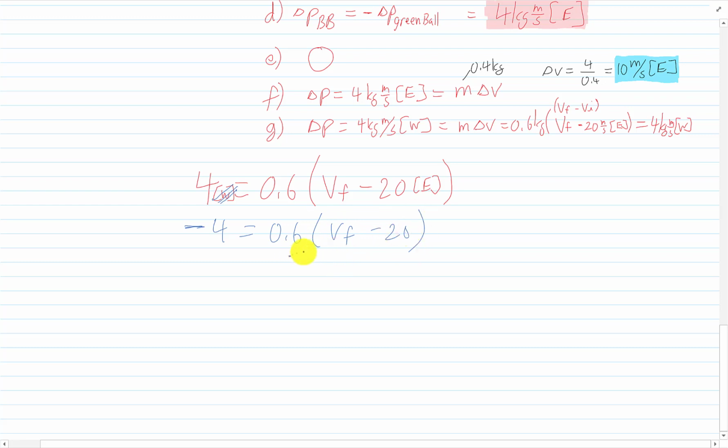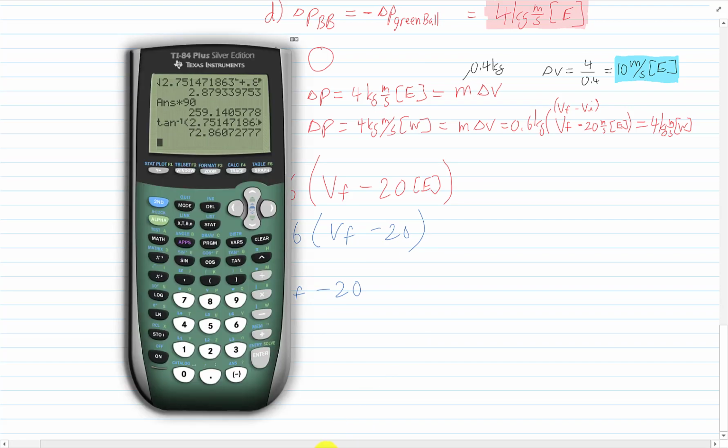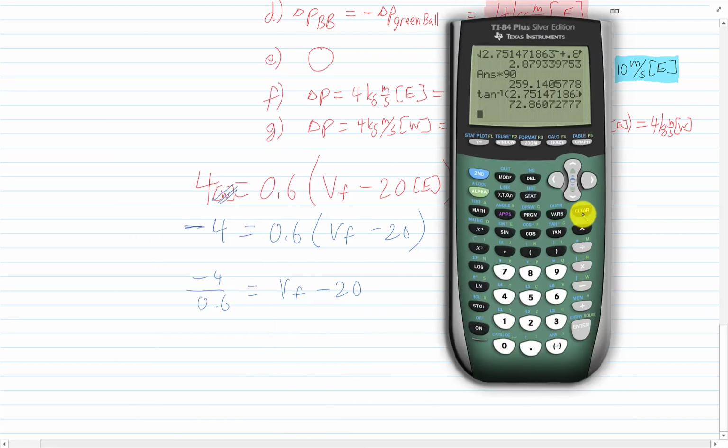Now, algebraically, this is going to be negative 4 divided by 0.6 is equal to Vf minus 20. And Mr. Calculator, just so we don't make a blunder here, 4 divided by 0.6 is going to be that number, and that's going to be a negative. And that's going to equal Vf minus 20. So I'm going to add 20 to both sides.